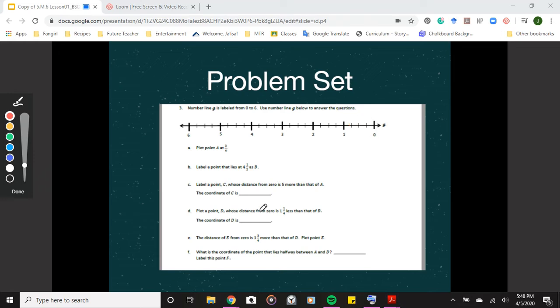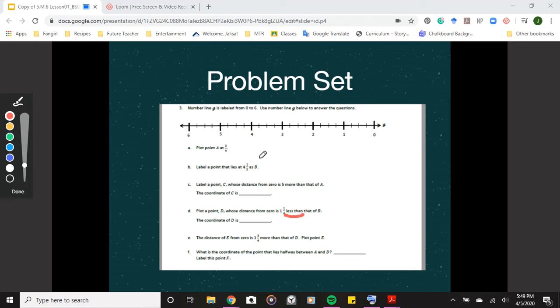Okay, let's look at D. Plot a point D whose distance from 0 is 1 1/4 less than that of B. Okay, let's read that again. Plot a point D whose distance from 0 is 1 1/4 less than that of B. Now this is going to actually ask us to do a little bit of computation, which means we're going to have to subtract because it says less than.